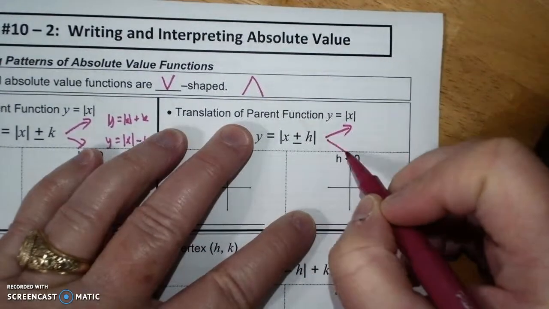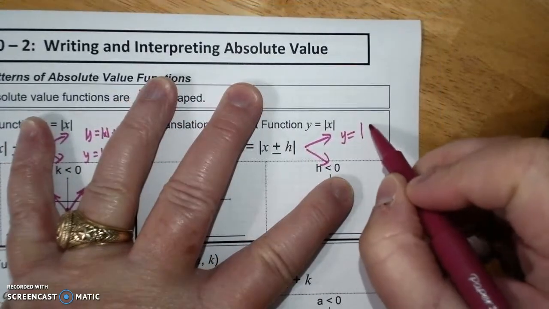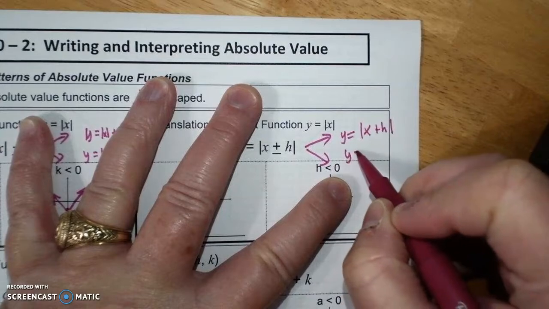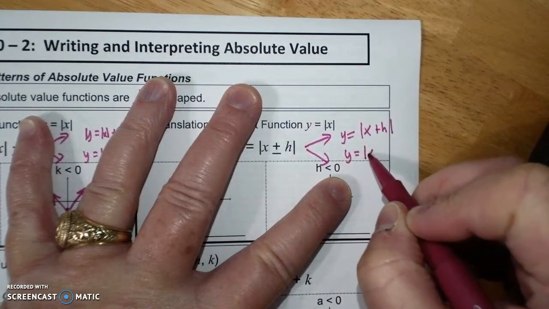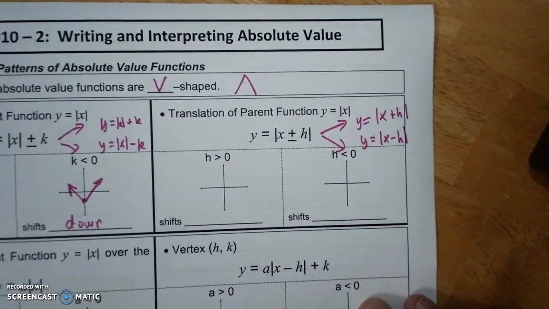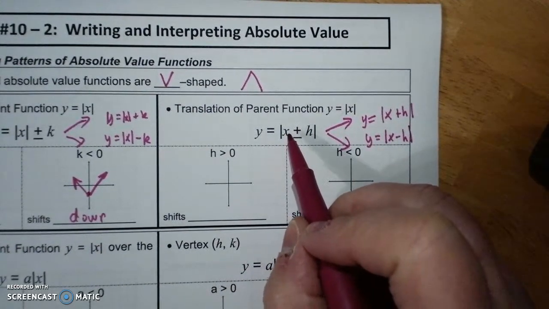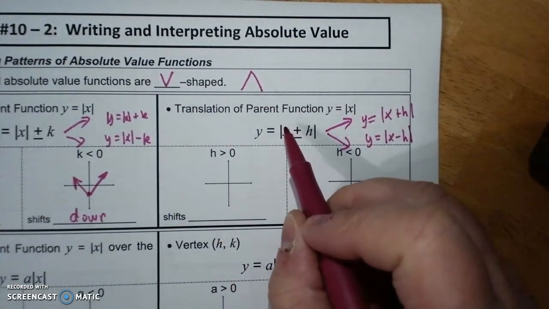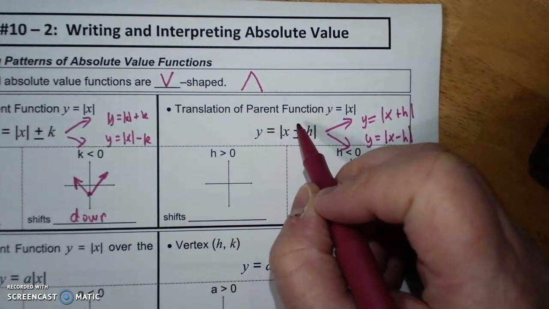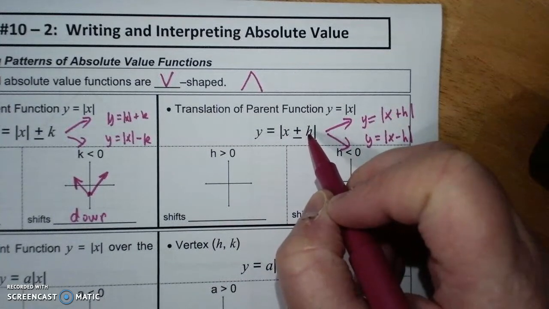Again, these are actually two equations: y equals the absolute value of x plus h and the absolute value of x minus h. Now h, when it is inside or protected by an absolute value, is messing with the x-axis and is moving left or right.